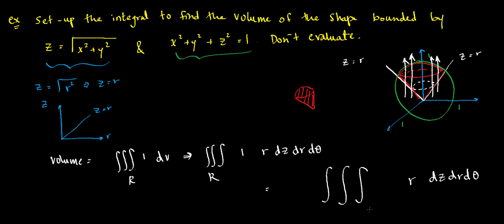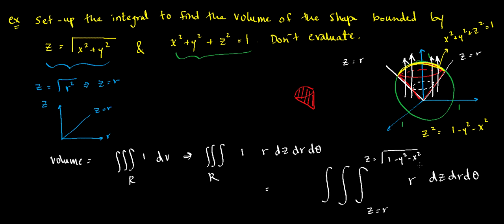So I always enter the region at z equals to r, and I always exit the region through this part over here, and this is part of the sphere that has the equation x squared plus y squared plus z squared is equal to 1. Now I want to have z is equal to something here, so I'm going to rewrite this. I know that z squared is equal to 1 minus y squared minus x squared, which means that z is equal to the square root of 1 minus y squared minus x squared.